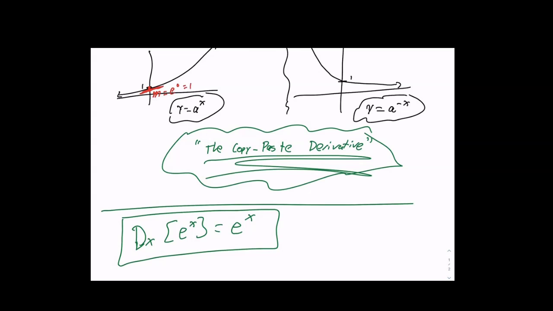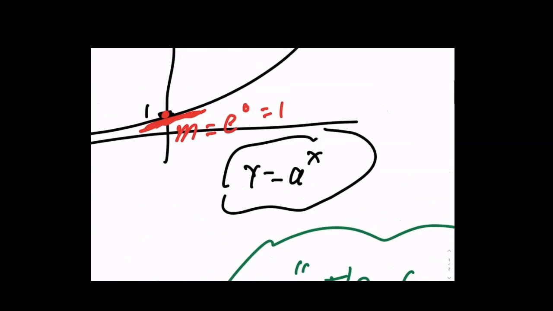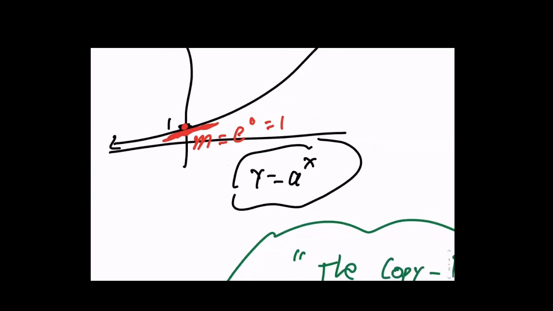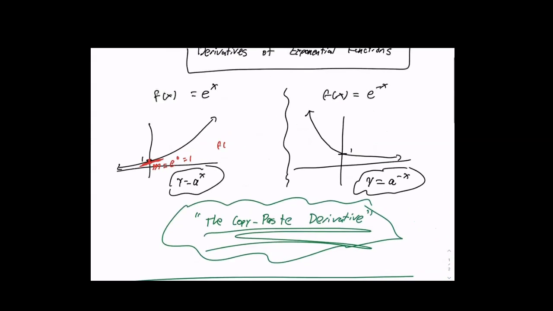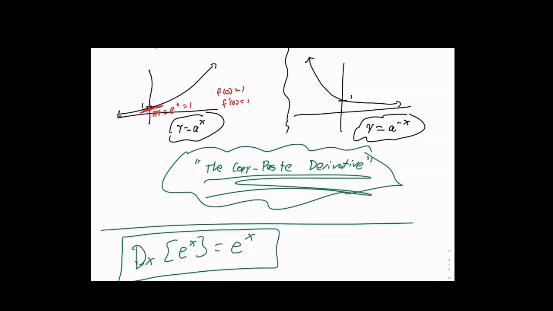So at the y-intercept, at that point right there, the slope of the graph is actually 1, because the x value is 0, so e to the 0 is 1. Not only is the function value 1, but the slope, the derivative at 0, is also 1. Okay, so copy and paste. The derivative of e to the x is e to the x.